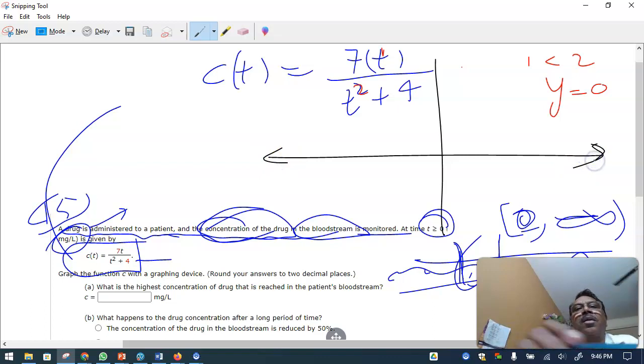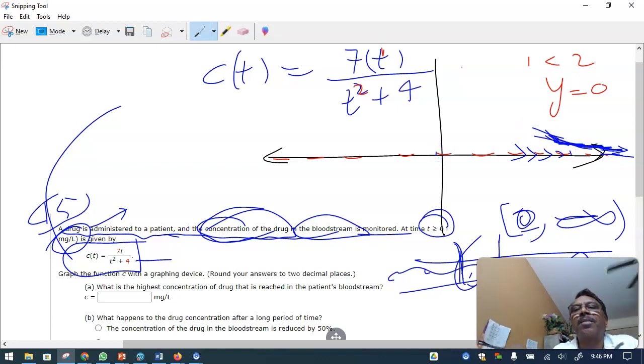This is the dotted line. As the time increases, the concentration of the drug in the blood will go on almost becoming zero. That's what that means.